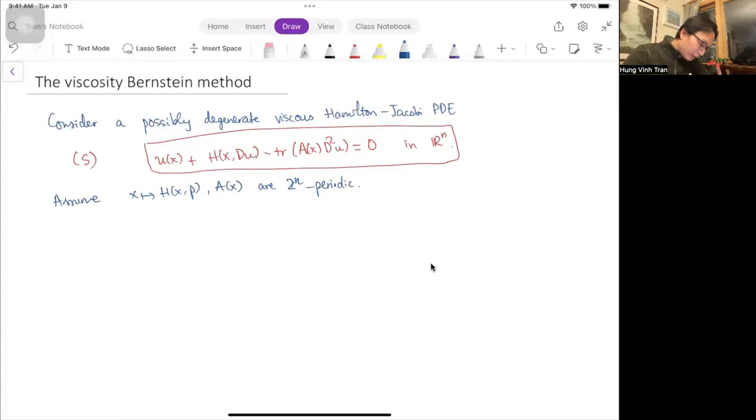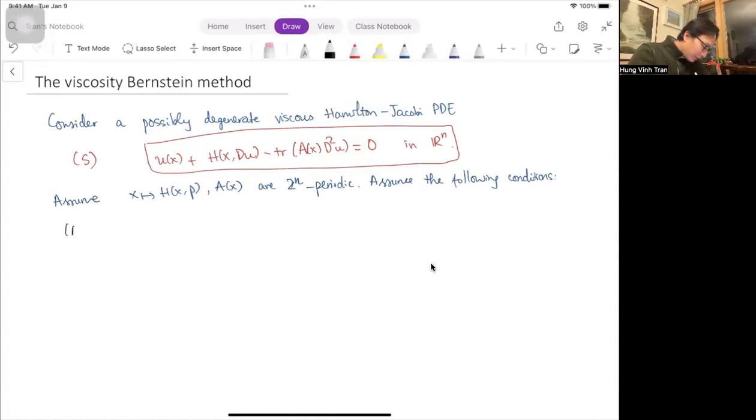All right, so let me write down and also assume the following structural conditions. Let's just put everything together, so that I don't have to rewrite it again and again.